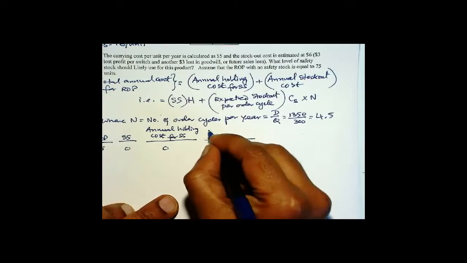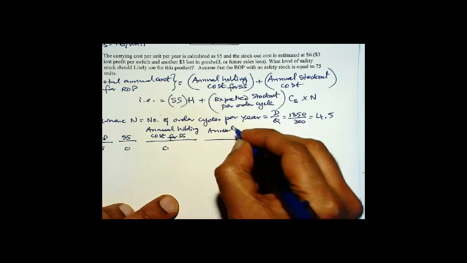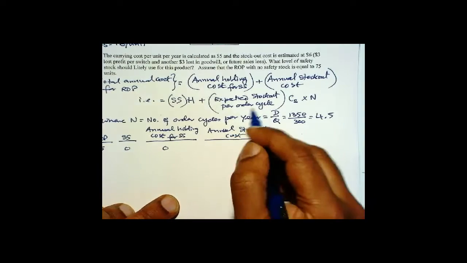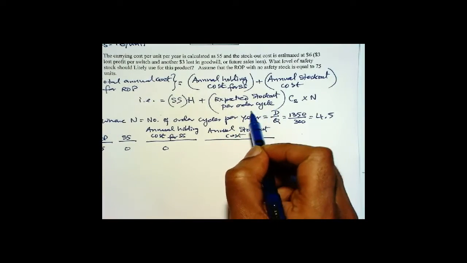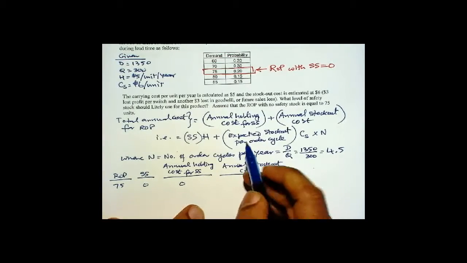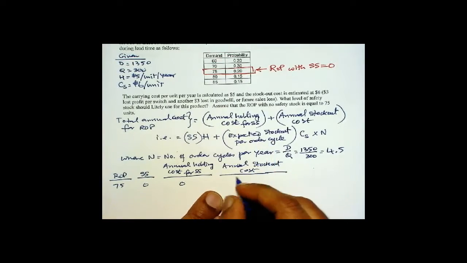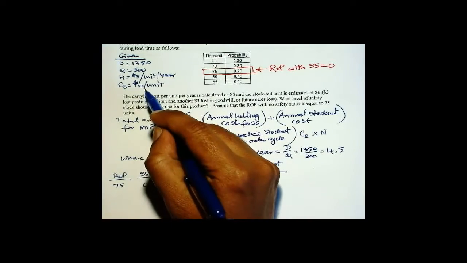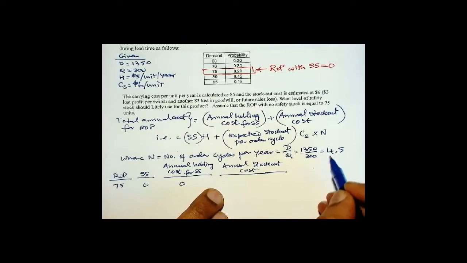Now, annual stock out cost: we have to first compute the expected stock out, and then multiply by C sub S, which is 6, and then N, which is 4.5.